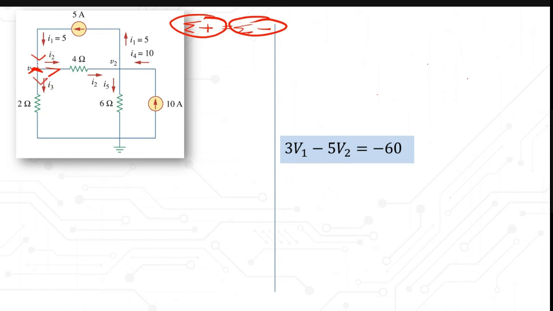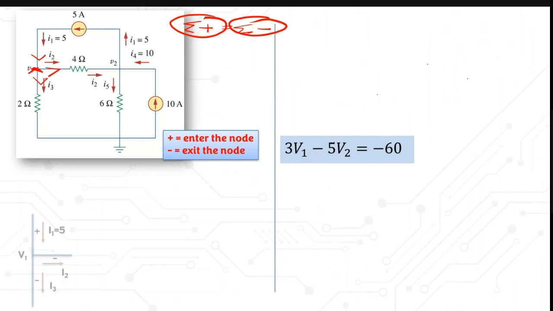So you need to put these currents in, for the summation of the entering current equal to the summation of the leaving current. I use this convention.